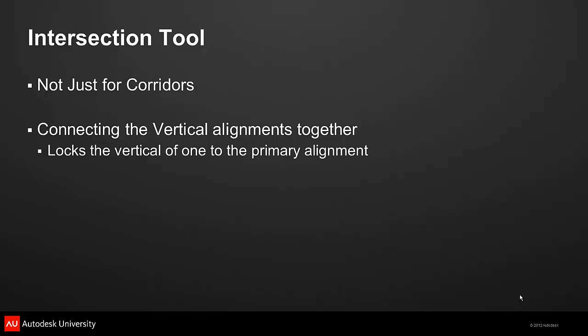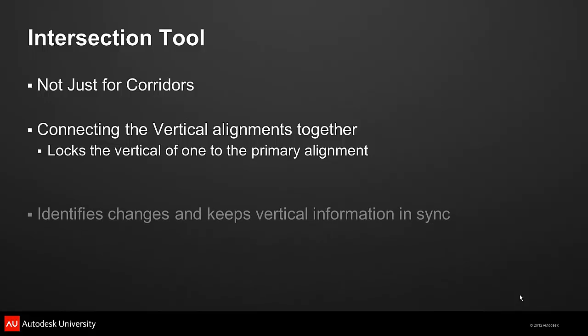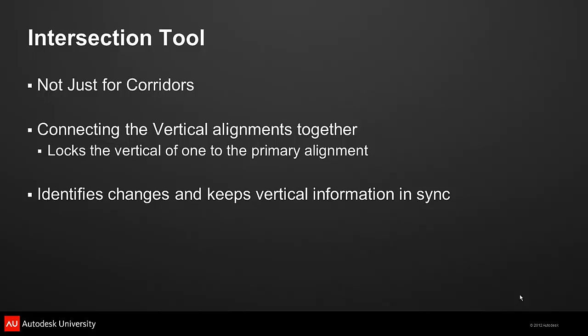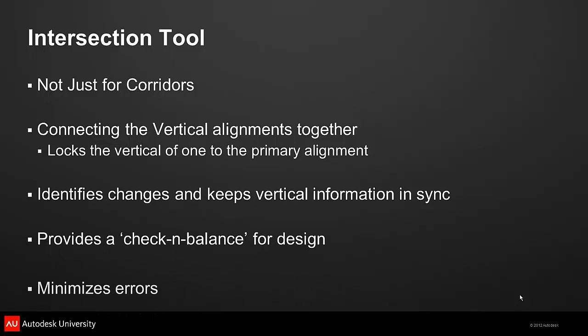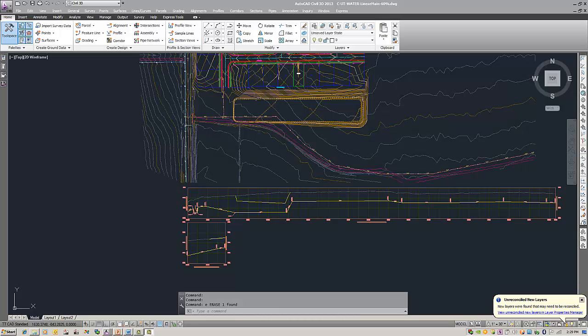This will connect them together such that if you have to move your trunk line up and down, it will basically identify the changes in the verticals, and you'll be able to see it in all the other branches coming off of it. It provides a great checks and balances for any type of design work, and it also helps to minimize errors. So let's move forward and check this thing out.